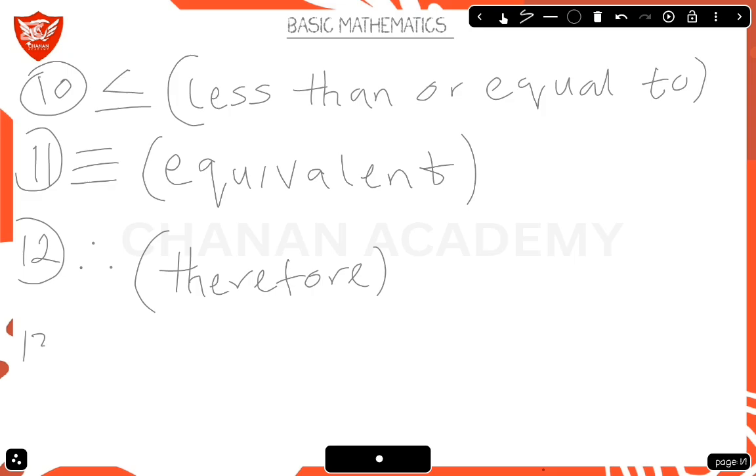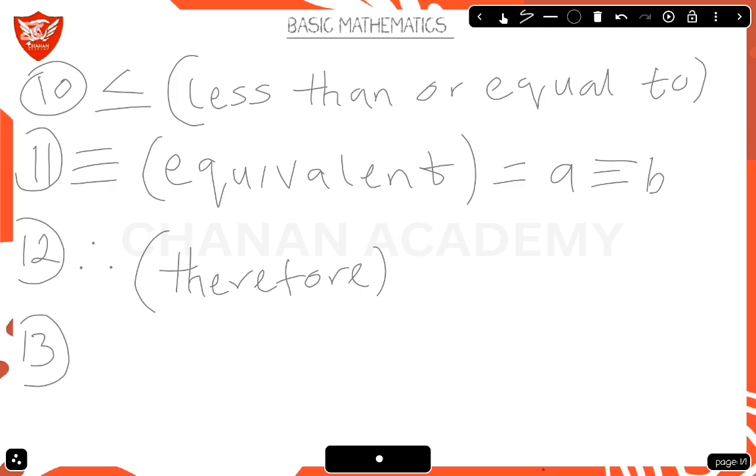So 13. Okay, let me just explain equivalent for the sake of those wondering why I didn't want to. Equivalent is almost the same thing as equal to. It's like you say A is equivalent to B. It means the two of them have the same value.